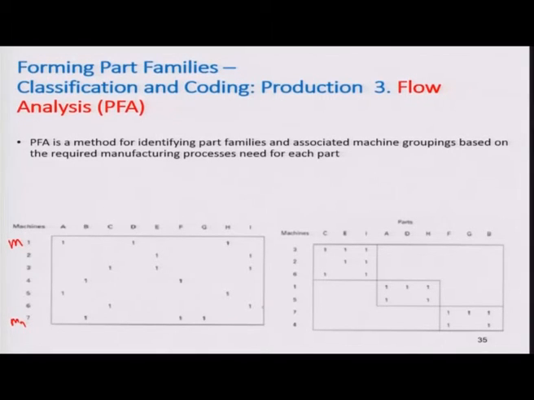Suppose that part family A is machined on M1 and M5, so you assign it 1 1. The rest will be either 0 or nothing. Again, part family B is processed only on one machine, so for the rest of the machines you assign 0. So it is a matrix method.